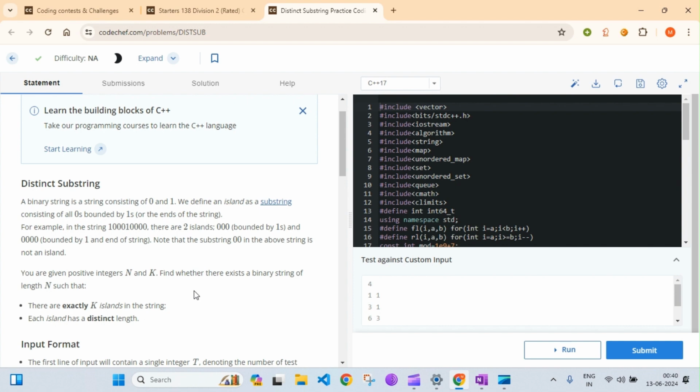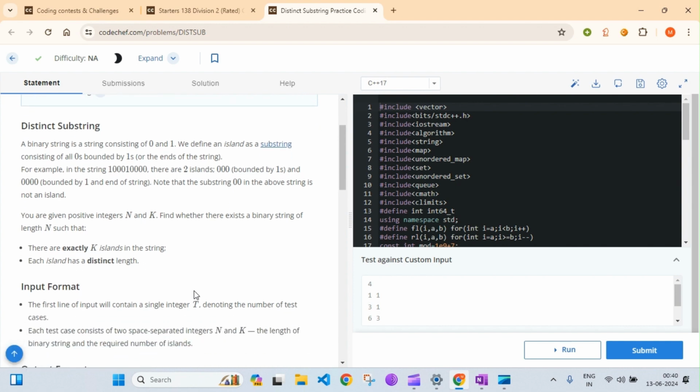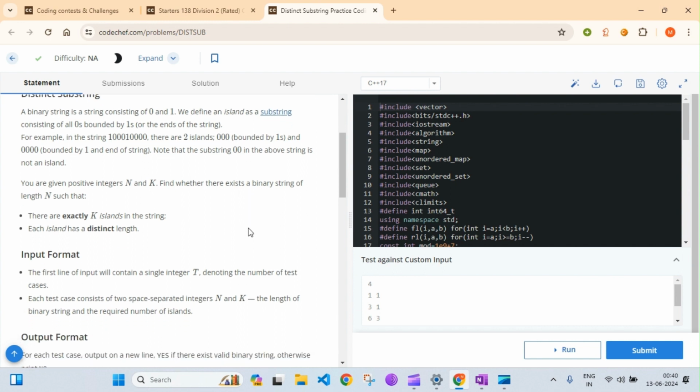You need to find whether it is possible to form k islands with the condition that all the islands must have different lengths, with the help of a binary string of length n. You can place a zero or a one wherever you want.